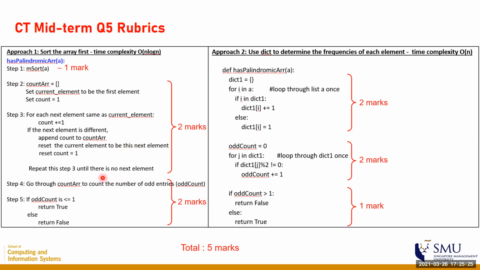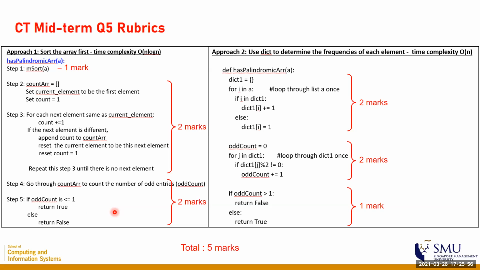Finally, based on the number of odd frequencies, drawing the correct conclusion is 2 marks. Some of you have this part tied together with the loop in the previous part. Well, so long as the whole thing makes the algorithm work fine and come up with the correct conclusion, you will be awarded the full 4 marks.